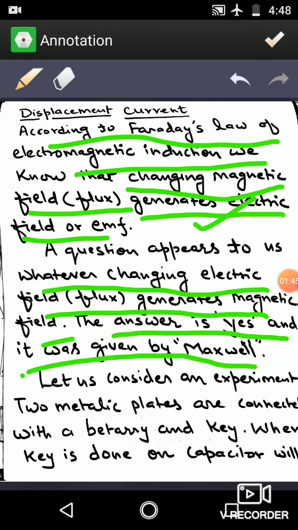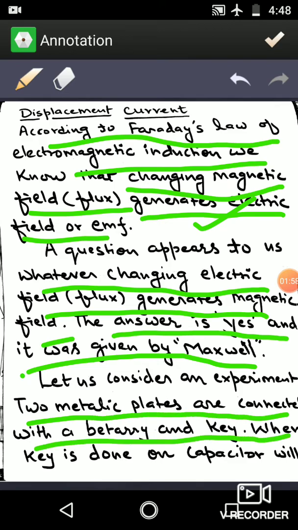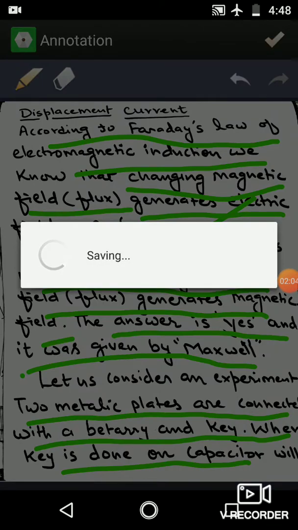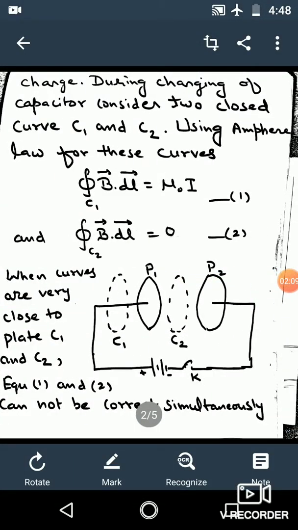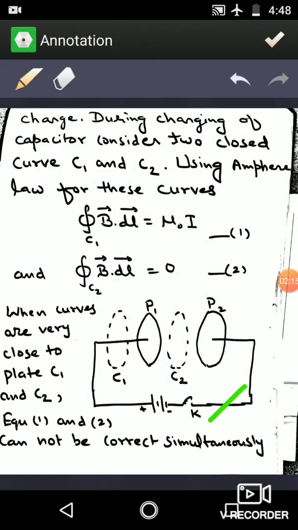Let us consider an experiment to understand displacement current. Two metallic plates are connected with a battery and a key. When the key is turned on, the parallel plate capacitor having metallic plates P1 and P2 will get charged.